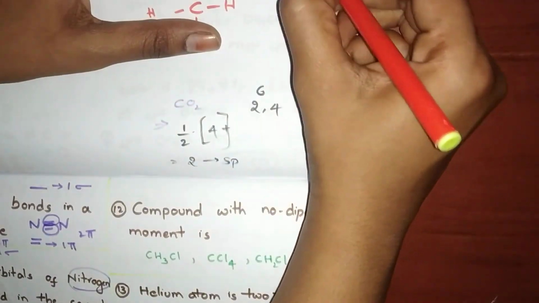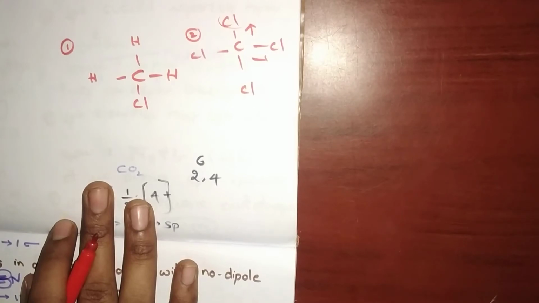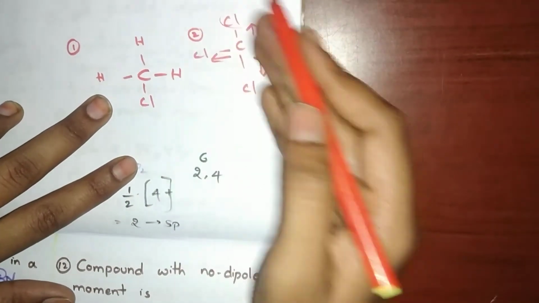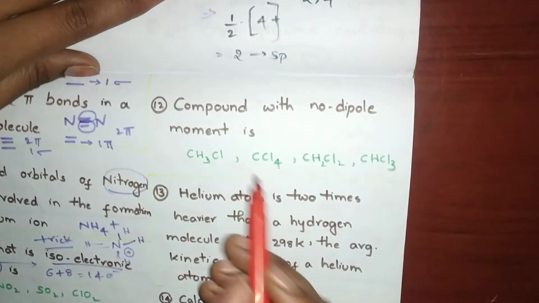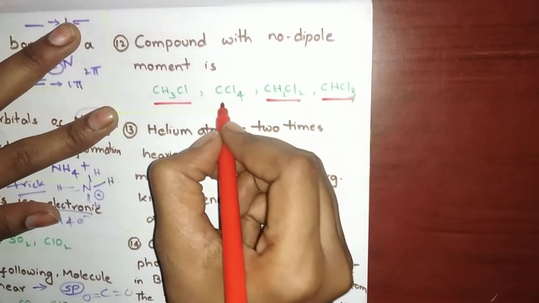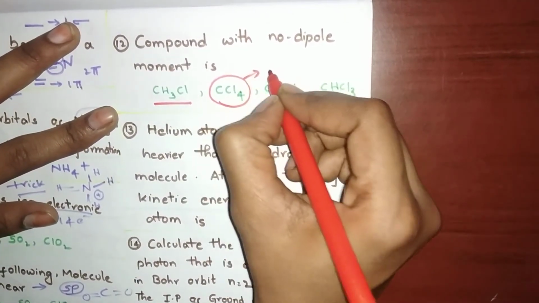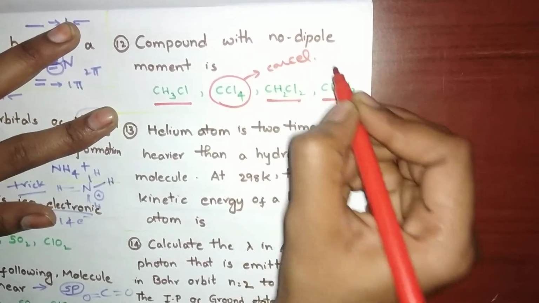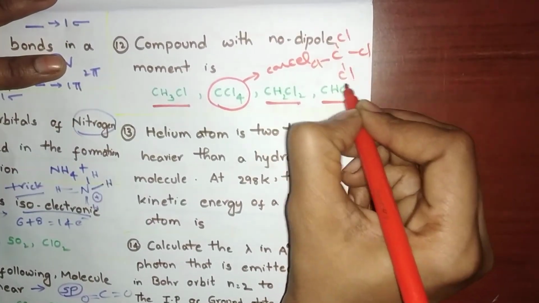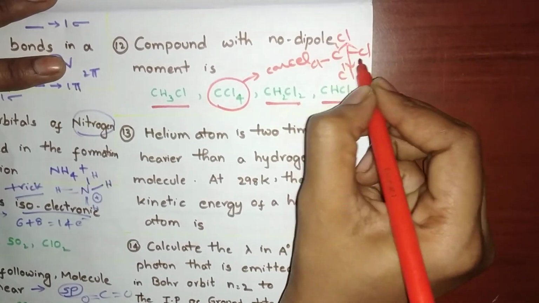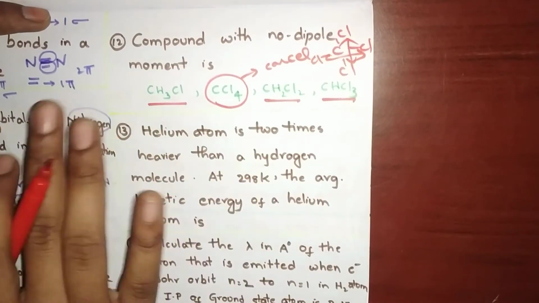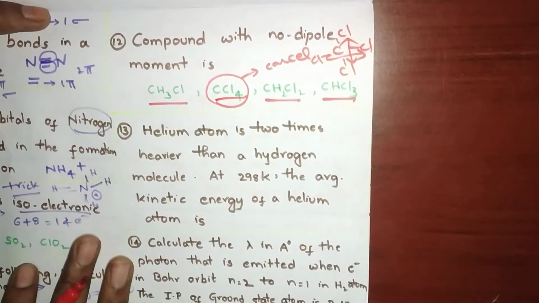See, this is more electronegative, like this. Here the dipole moment will get cancelled. Whereas when you see these 3 options, there is no such cancellation. I mean to say, here there is a cancellation, so there is no net dipole moment. Okay, so this is the correct option.